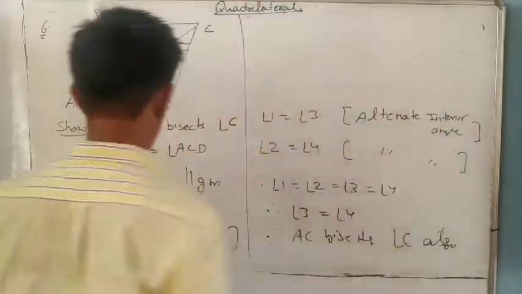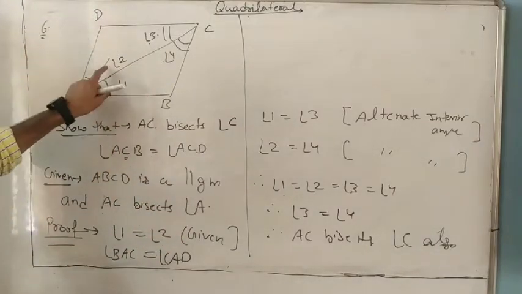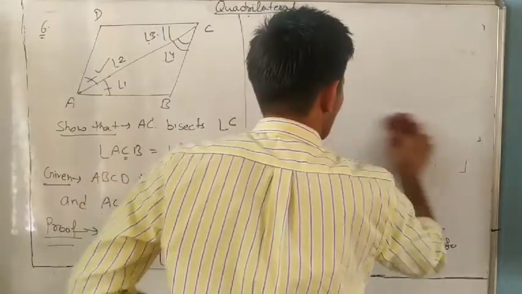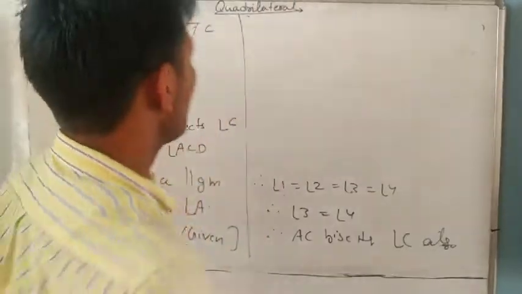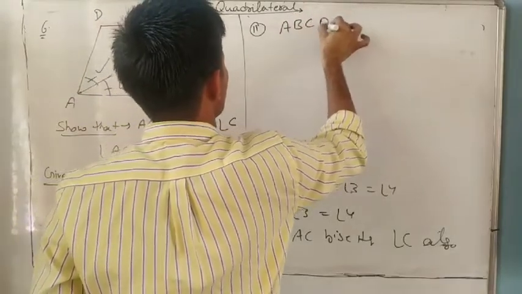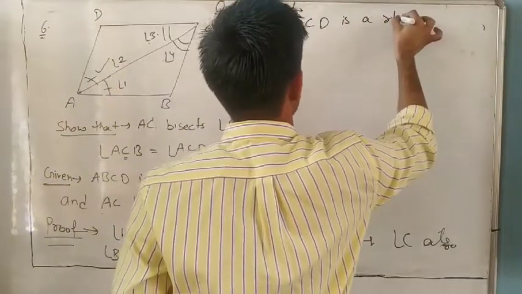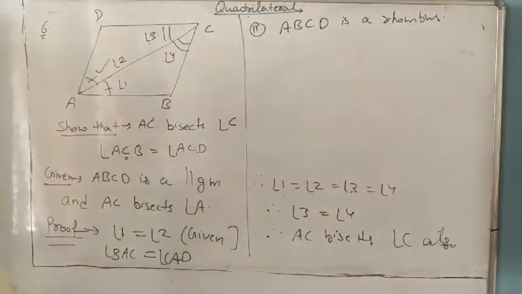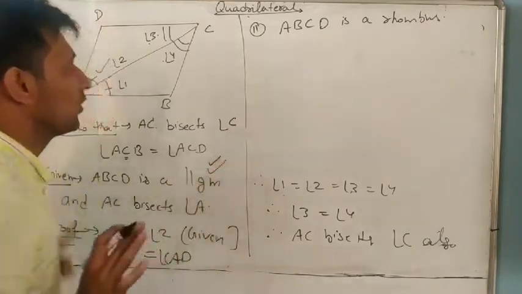Next part. So it means we already proved that angles 1, 2, 3, 4 are all equal. Next is the second part. Prove that ABCD is a rhombus. If you want to prove a rhombus, you already know from the question that it is a parallelogram.